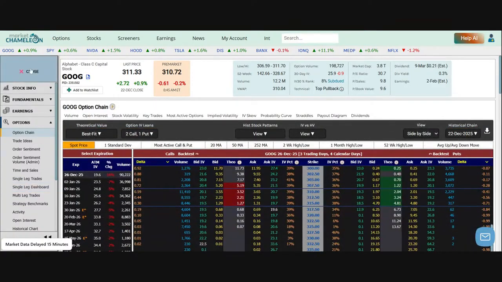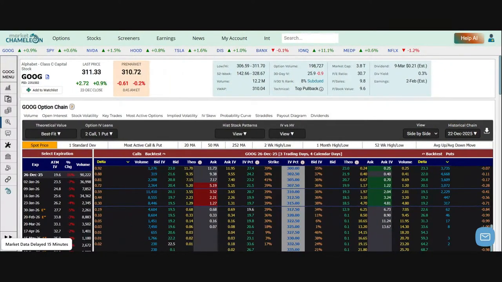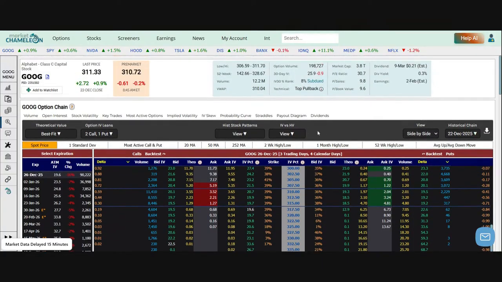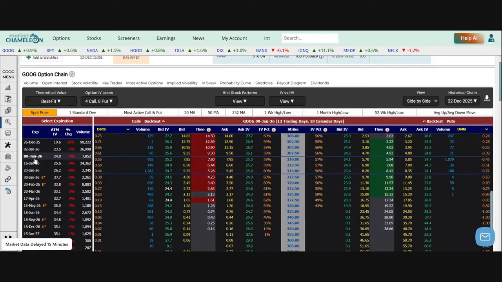I'm going to click on this menu to minimize it to expand our screen. And in this options chain, we see all the different options that are available for trading. On the left-hand side, we have the different expirations. If we click on an expiration like this, it'll bring up the option chain for that particular expiration.